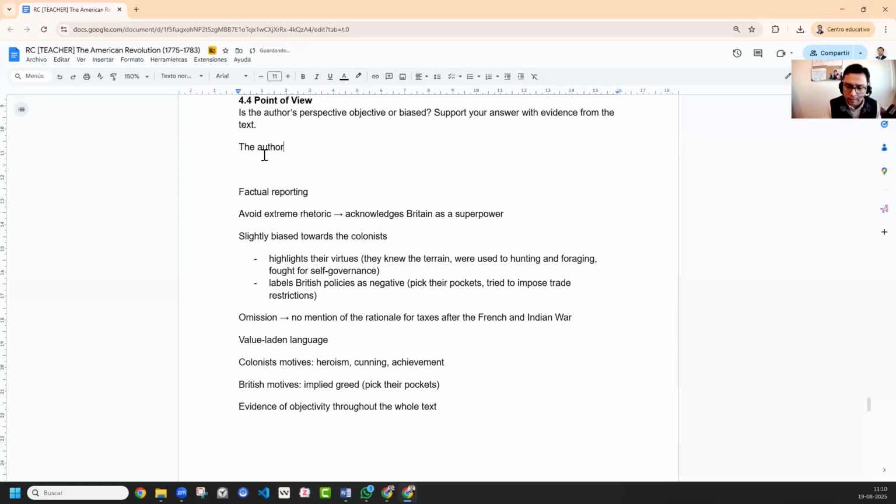The author aims for objectivity, but reveals subtle bias. So is bias countable or uncountable?